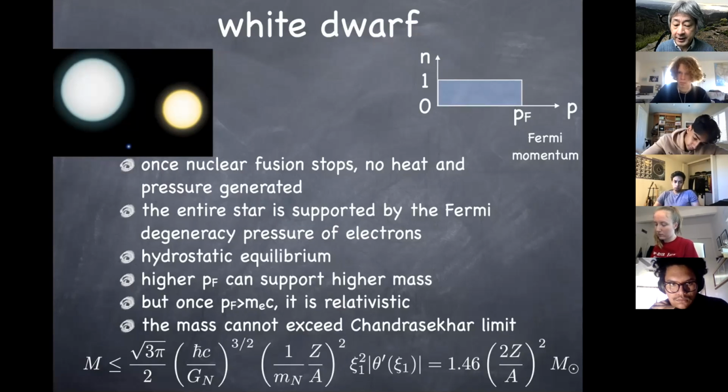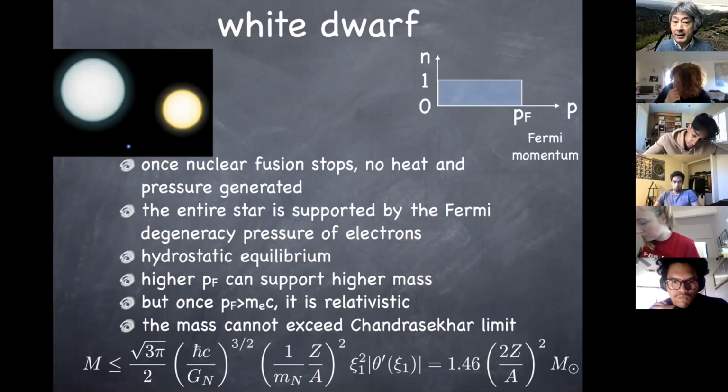Using these fundamental constants, you can get the mass of the sun. So the mass of the sun is determined by these fundamental constants, which is really amazing. The star is something you can compute with these fundamental constants using the idea of this Fermi degenerate gas.